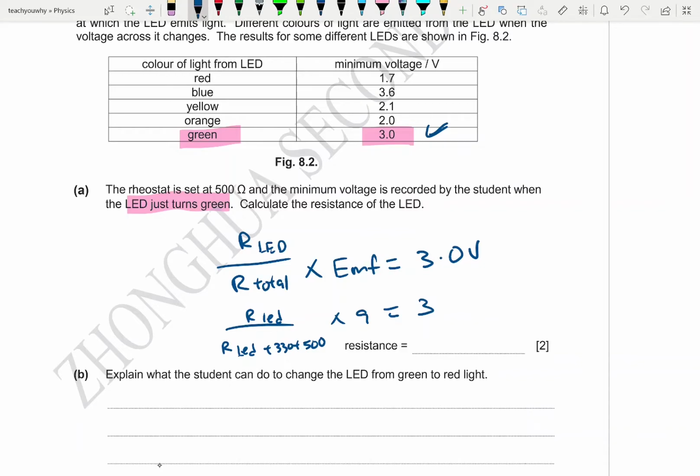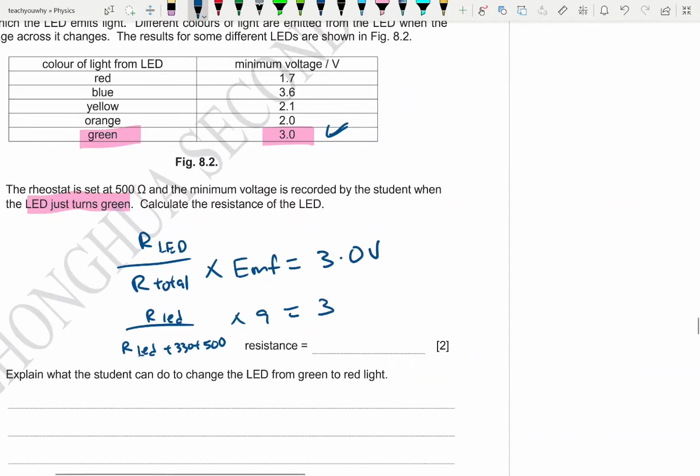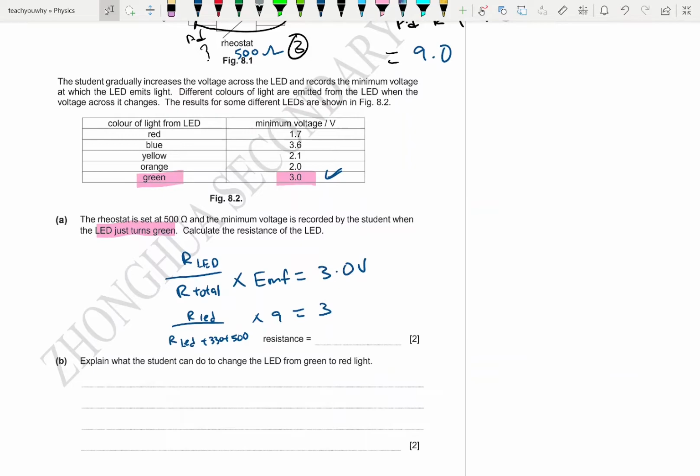So let's just do some math. 9 RLED is equal to 3 RLED plus 830.